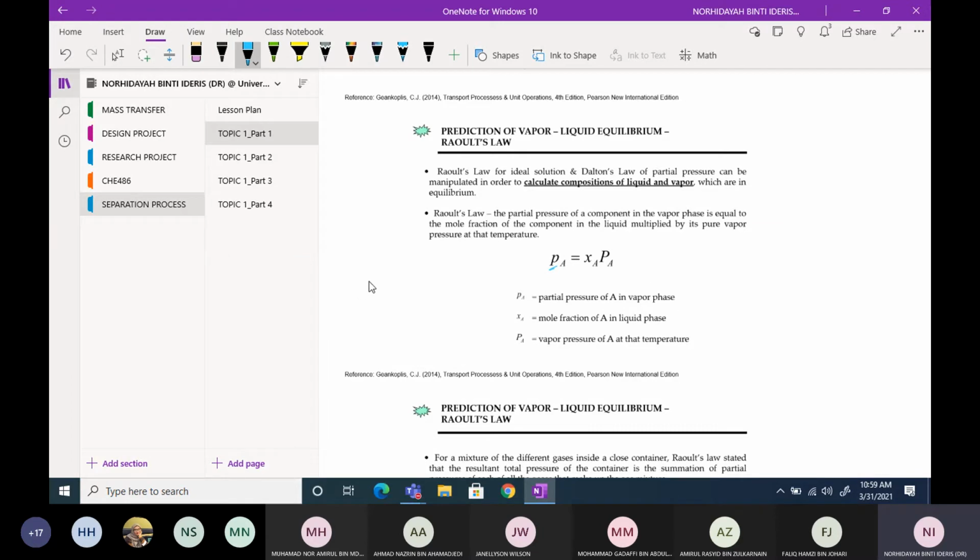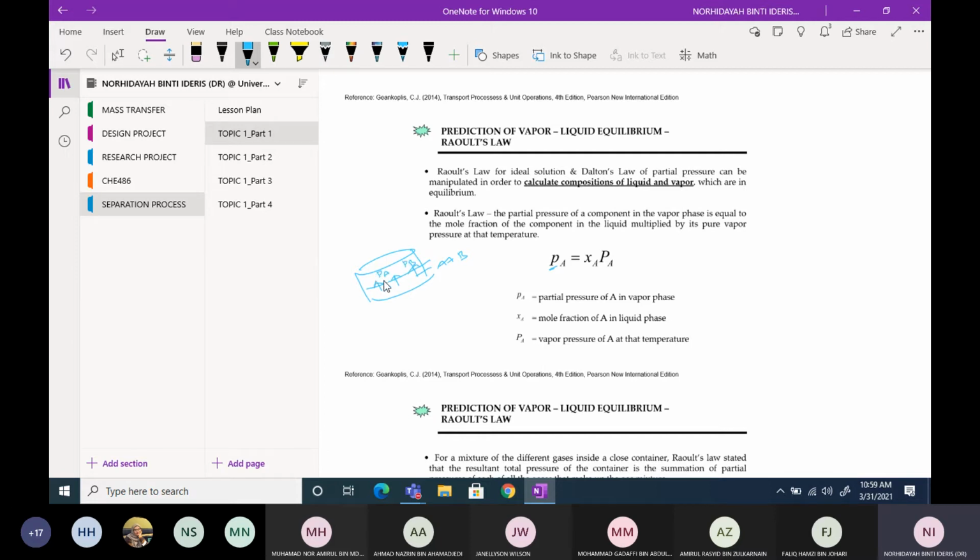Let's say that you have a closed container, and inside here you have a mixture of A plus B, and this mixture evaporates and becomes a vapor, so that it will create the pA and pB.